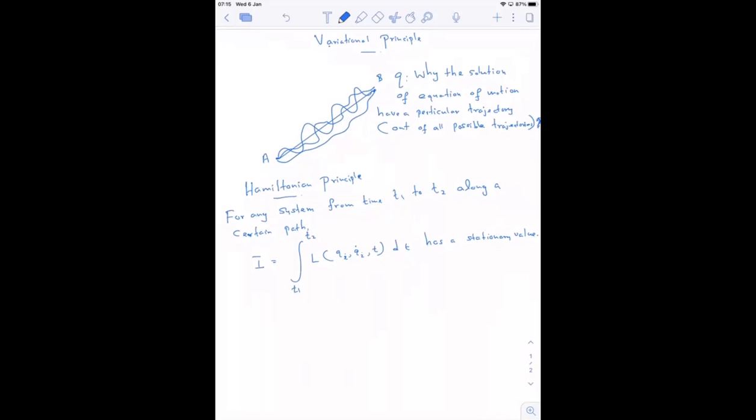So what this actually means is, for actual motion, that means for that particular path, for actual motion, this I should have stationary points.